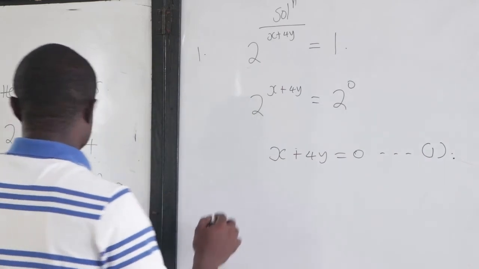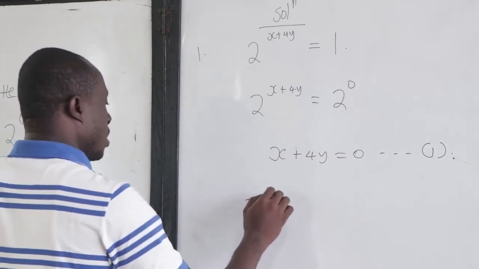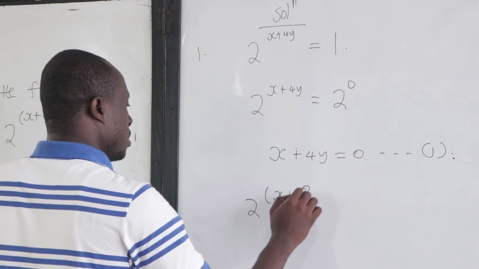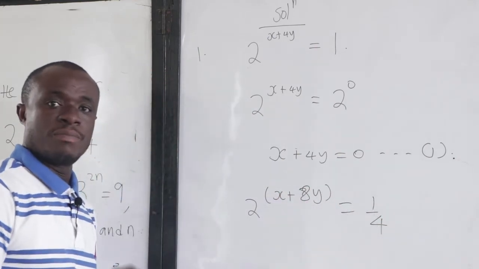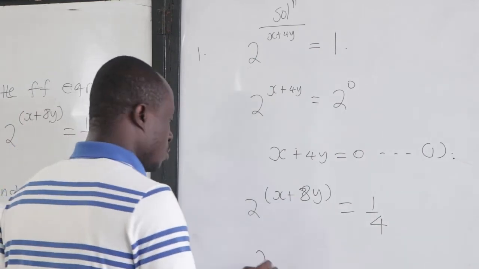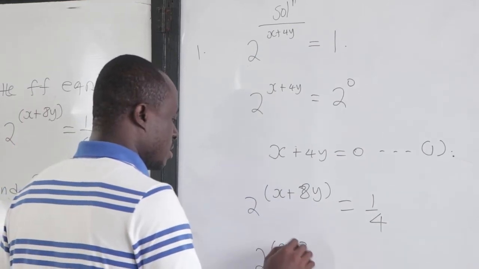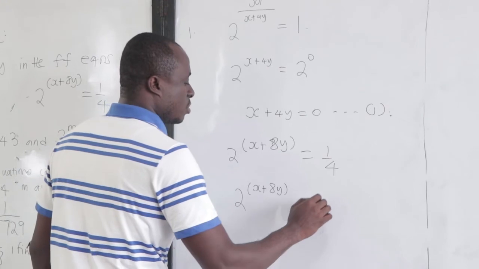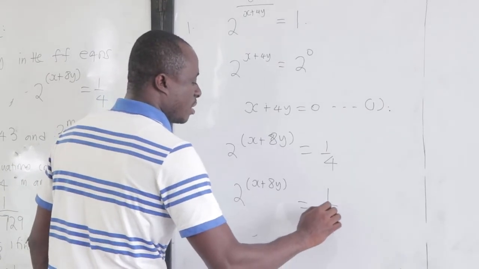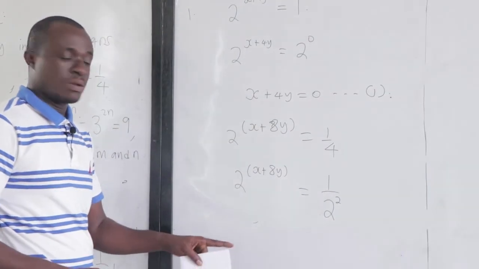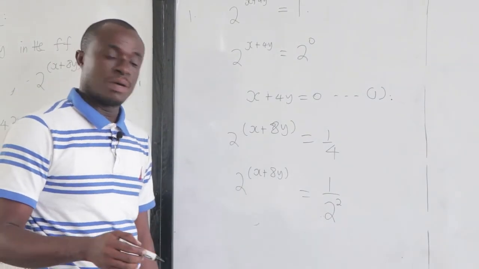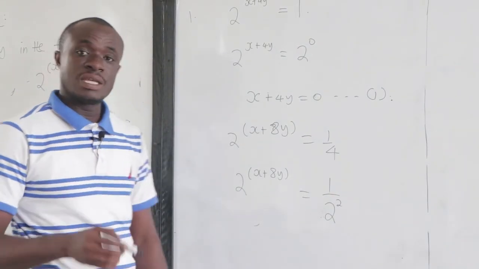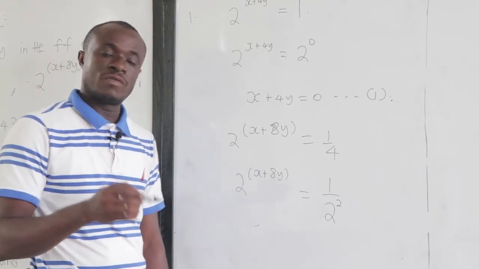Now let's see the second equation. That is 2 to the power (x + 8y) equal to 1 over 4. We can make the bases the same here. So 2 to the power (x + 8y) equal to 1 over 2 to the power positive 2. Here we have to apply the other rule, which says that a to the power negative n is equal to 1 over a^n.